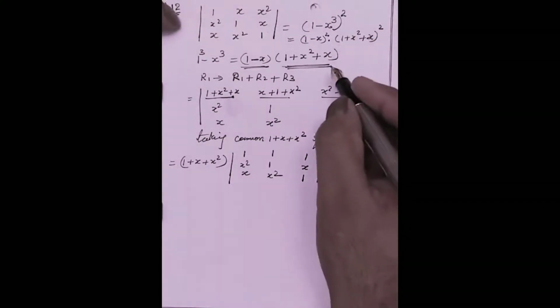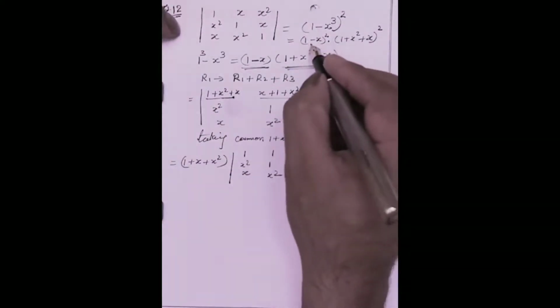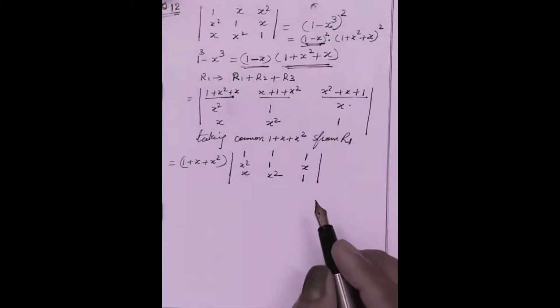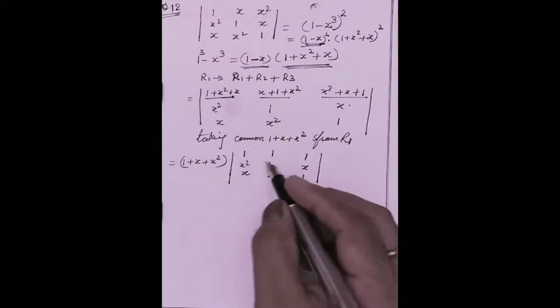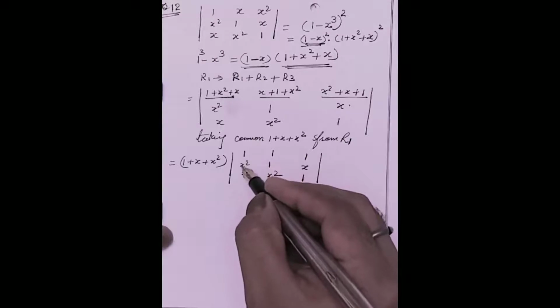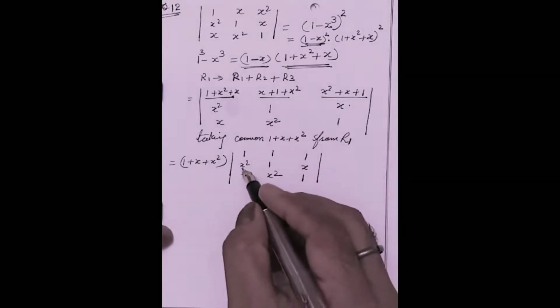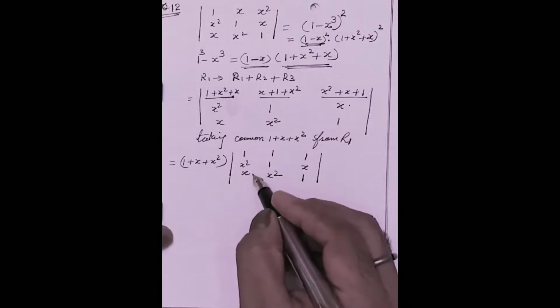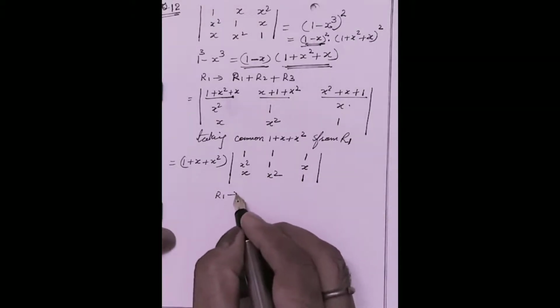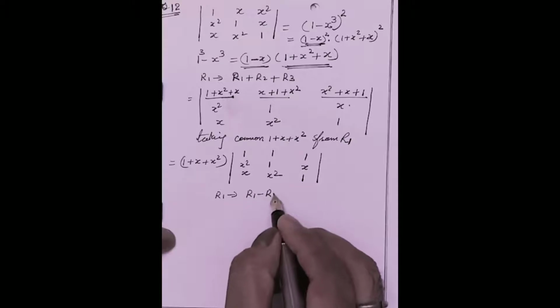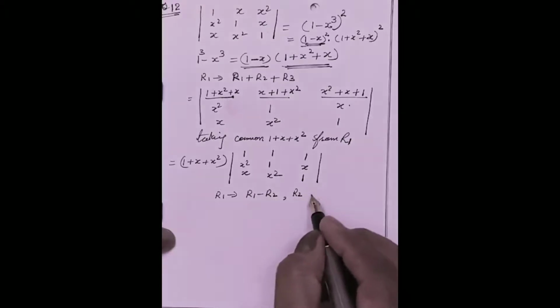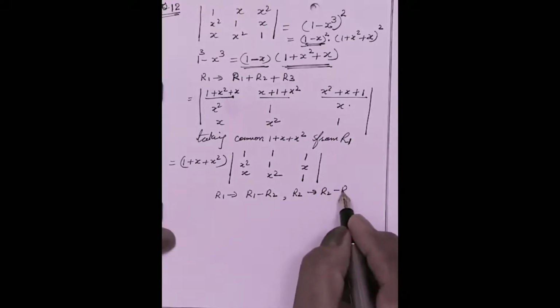Now our target is to find another factor, which is 1 minus x. So for that 1 minus x, we subtract r1 minus r2: 1 minus x square, a square minus b square, 1 minus 1 is 0, 1 minus x, and x can be taken common similarly. So r1 will change with the help of r1 minus r2, and r2 will change with the help of r2 minus r3.